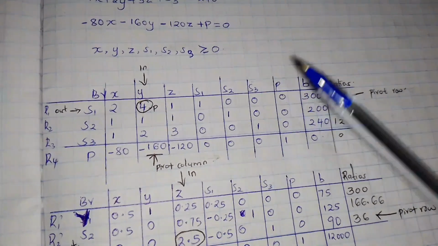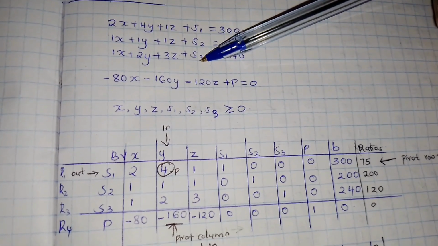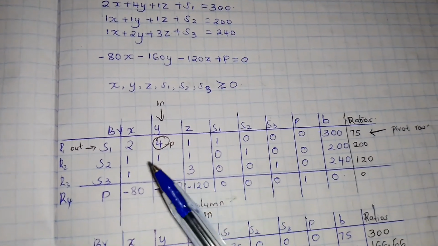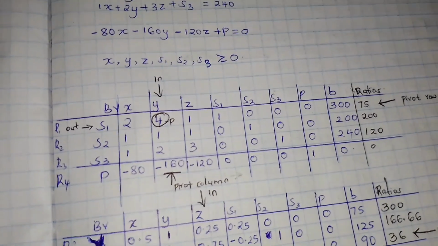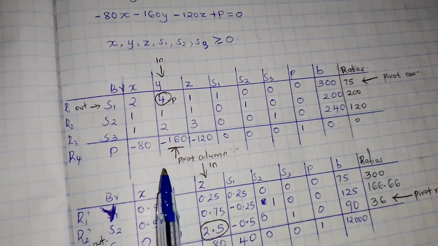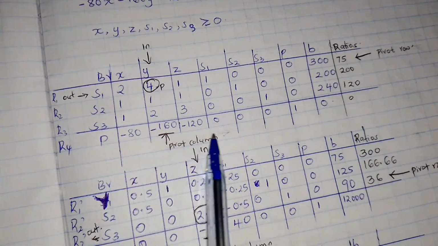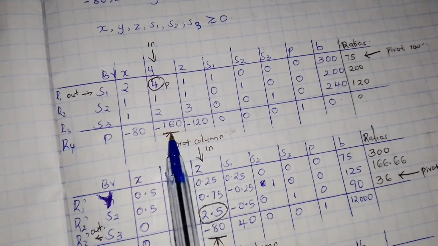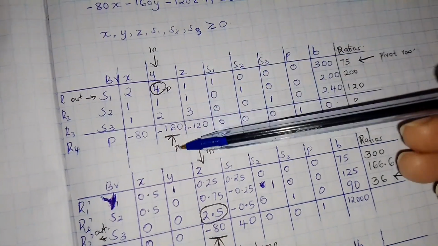So you just take the equations that you formed here at the standard LPP, and then you feed those values in this table as they are. And then you start by solving the first table. You look for the most negative here on P, and you get that is negative 160. So you have gotten the pivot column.